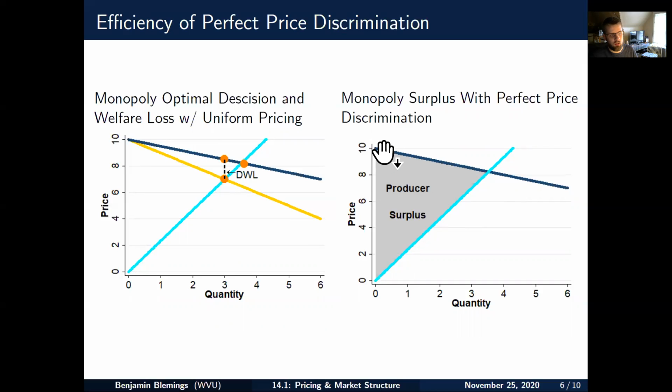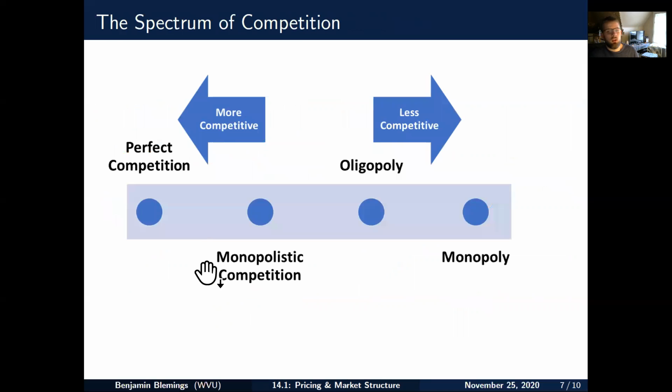But when they can charge exactly to each person, then they eat up all of the consumer surplus, which it kind of depends on how much consumer surplus is lost in relation to the deadweight loss, whether it's good or not, which will depend on elasticities. And so that is kind of like monopoly perfect price discrimination.